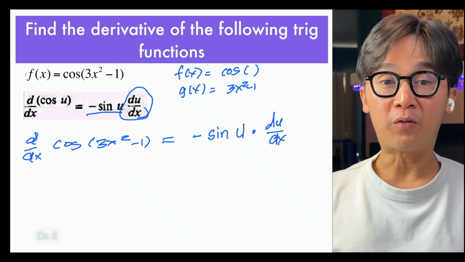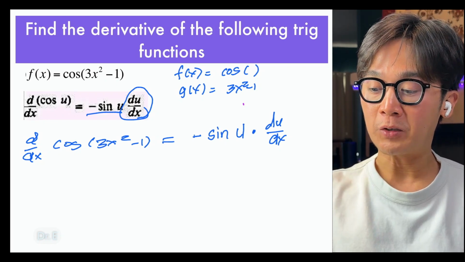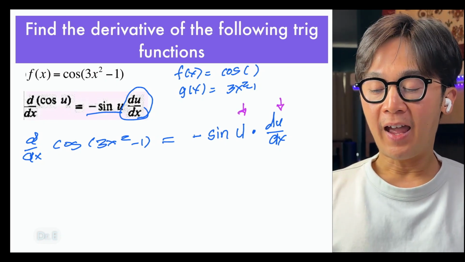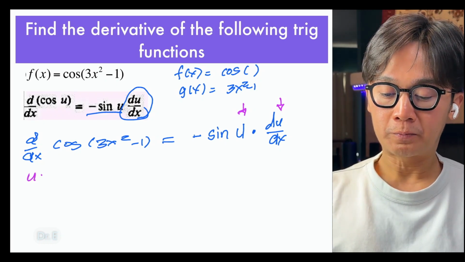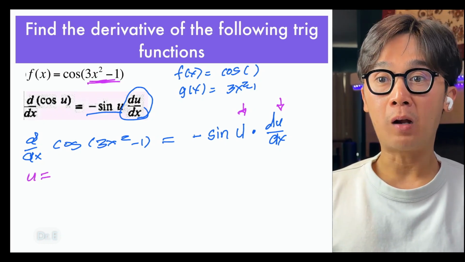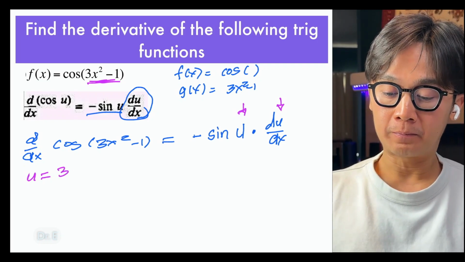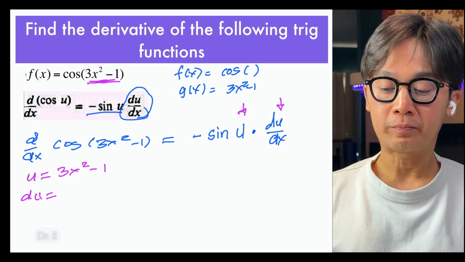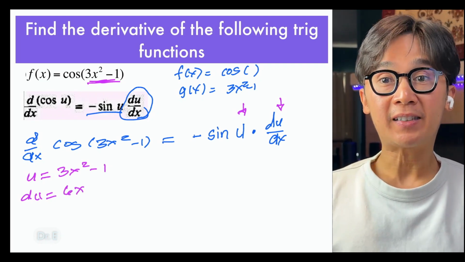To perform this derivative rule, all we need to do is replace your u and your du dx. We know that our u in this problem is 3x squared minus 1, and the derivative of u is 6x.